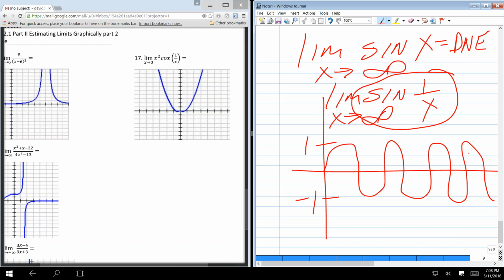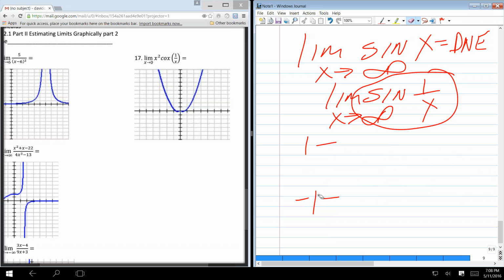This is the curve for sine of x. But the only reason I know it goes to 0 is because I know the sine of 0 is 0. And if x is going to infinity, this 1 over x is going to 0. So the limit is definitely 0 right there.